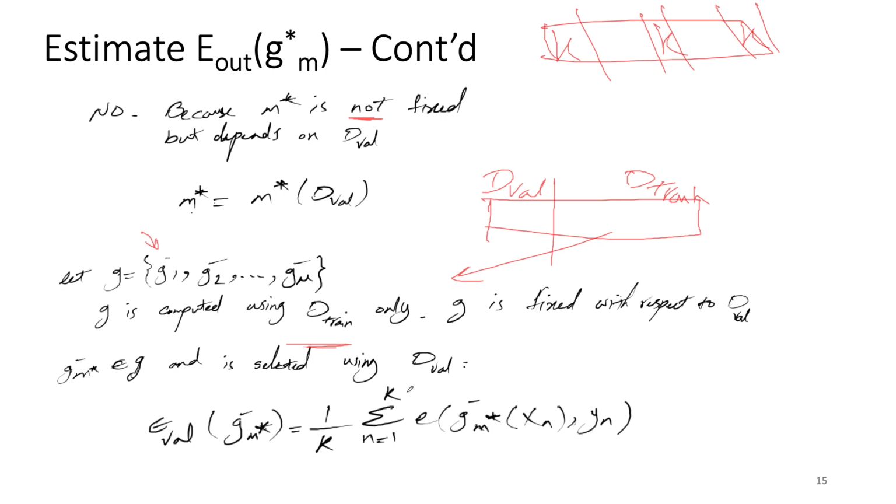So the validation error of the g minus bar m star, right, depends on those K's, right? One over K, summation of all n's up to K, the pointwise error of the g minus m star x n, y n, right?